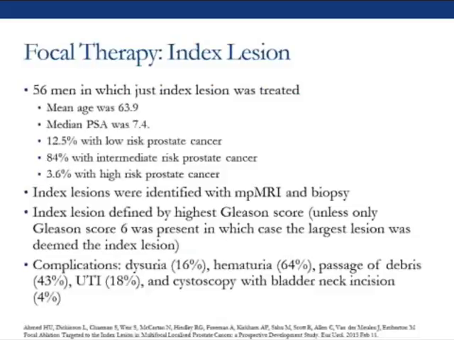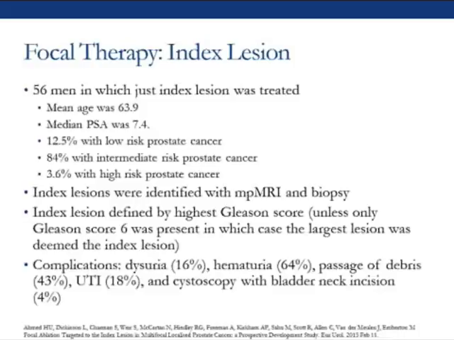They treated 56 men. This was a prospective study. Mean age of the man was 64, PSA was 7.4, and the majority of these patients were actually intermediate risk. So these are patients that I think might have been patients that could have been on active surveillance.